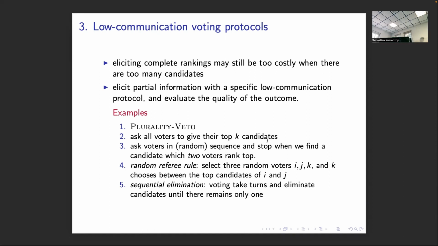But each of these rules has the nice property that it comes with a cheap protocol. Yes? Technically, the vote we had to do about this lesson was a low communication vote.